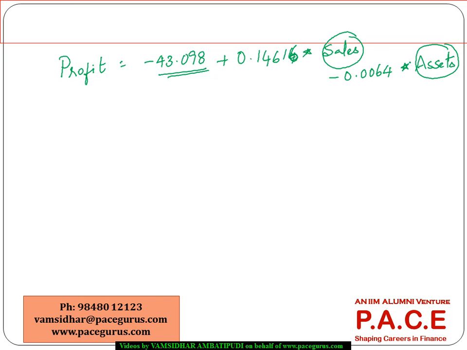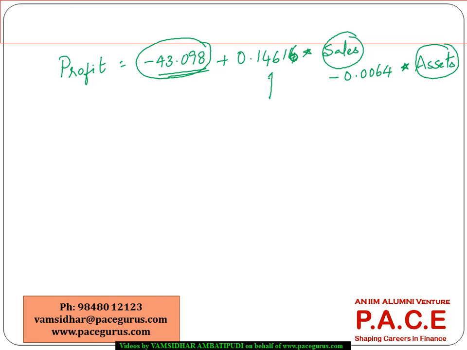If the sales is not existing and the assets are 0 for that particular company, it is going to generate a profit of minus 43 units, which means it is going to generate a loss. That is how we interpret the intercept term.